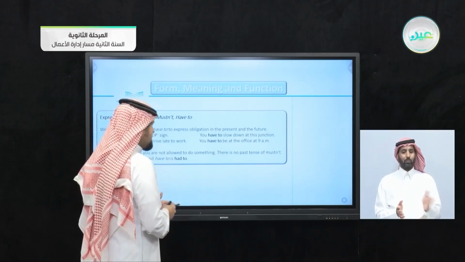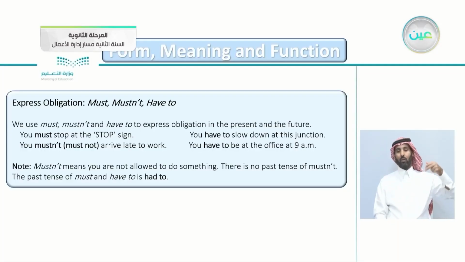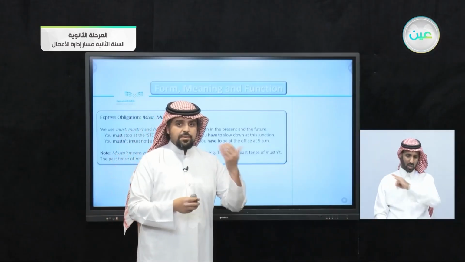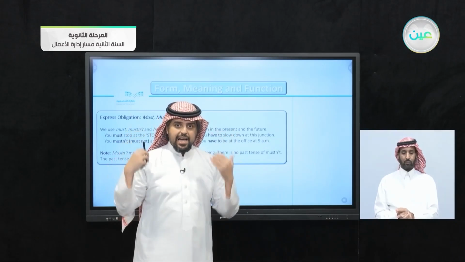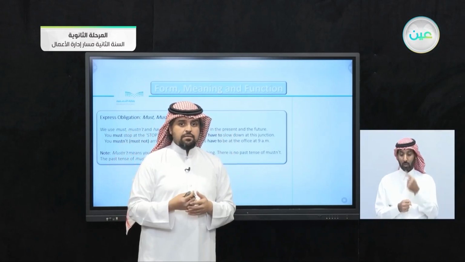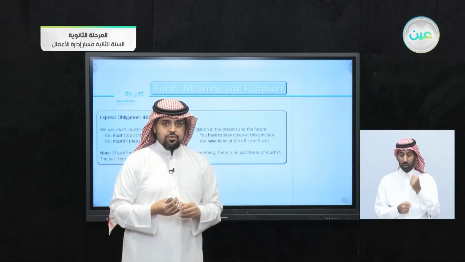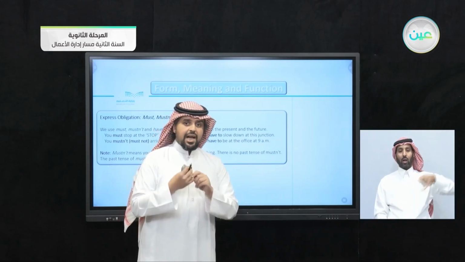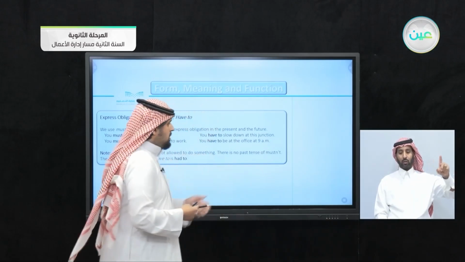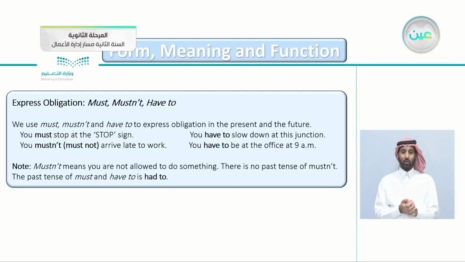There is no past tense of mustn't. The past tense of must and have to is had to. When you want to show obligation in the past, you say, I had to. So if you want to say must or have to in the past, you say had to. But the mustn't, the negative form of must, doesn't have any past tense.